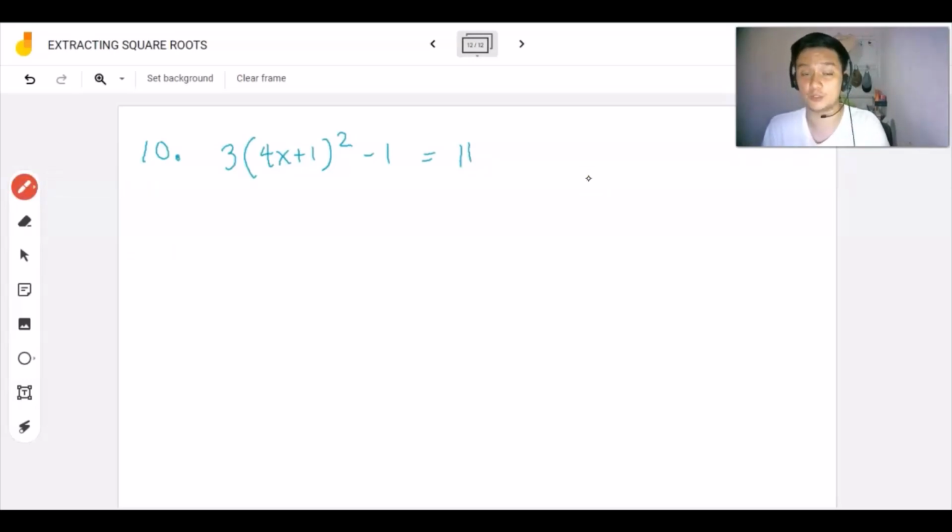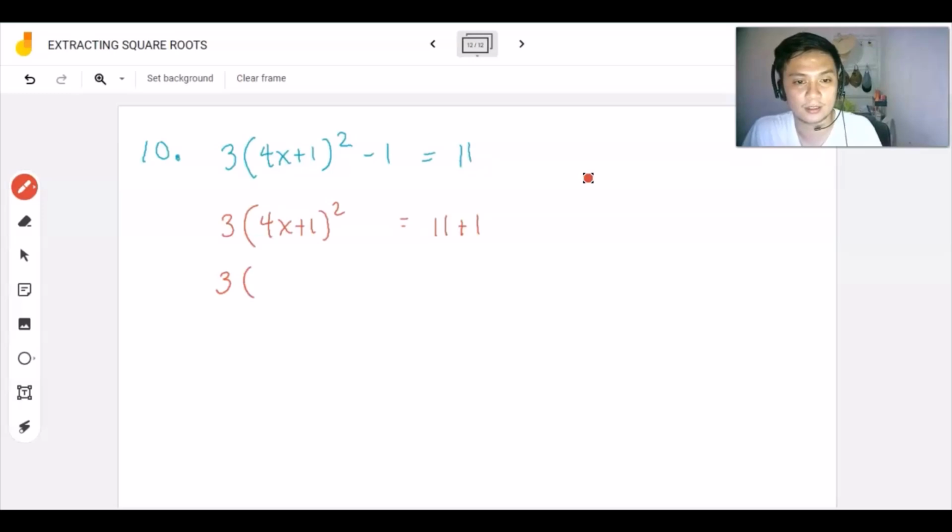Siyempre, yung pagta-transpose or pag-eliminate ng constant term dito sa side where the binomial is. So, we write 3 times the square of the binomial 4x plus 1 equals 11 plus 1. Yan. Kasi di ba pag transpose tayo, naiiba yung sign. And then, we simplify. So, what is 11 plus 1? 12. So, the rest, copyin lang natin.